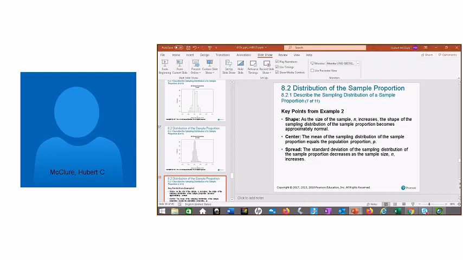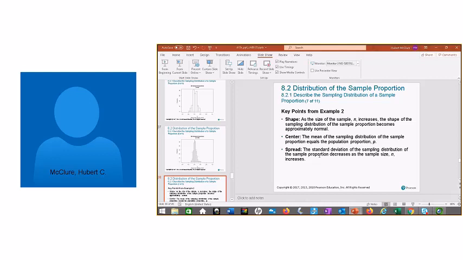And if the shape is normal, then the center starts to be more defined. Okay? The mean of the sampling distribution of the sample proportion equals the population proportion. So as you start to see the normal bell curve materialize and get more defined, so does the center.